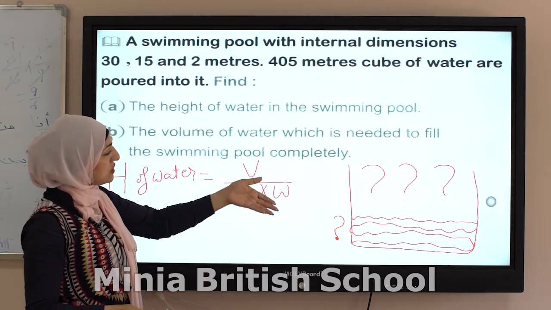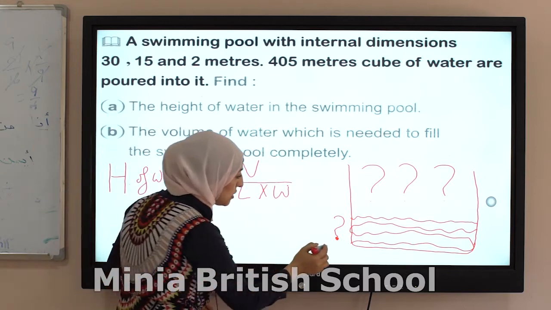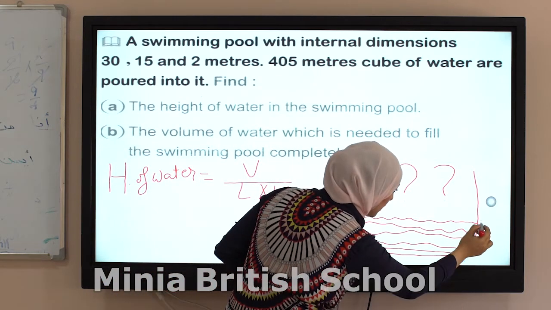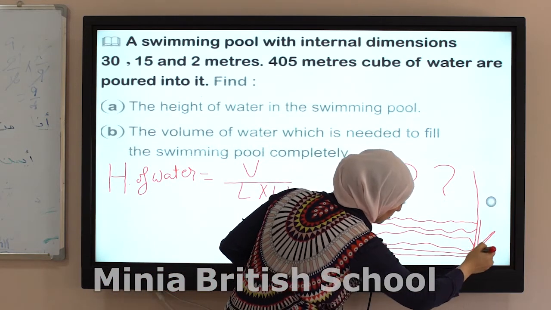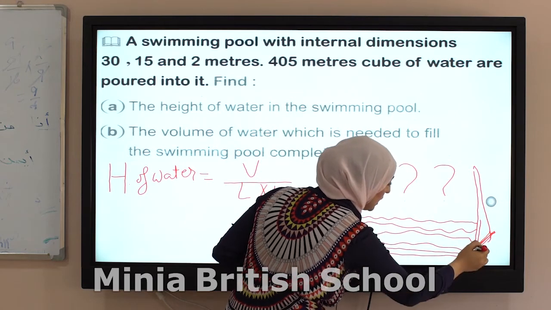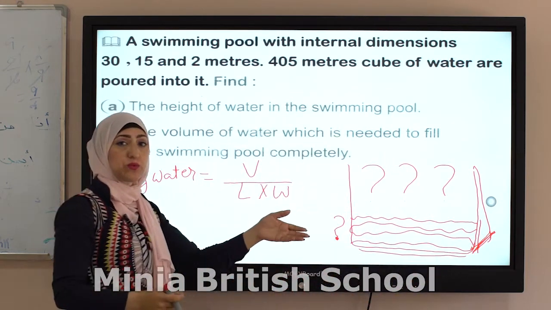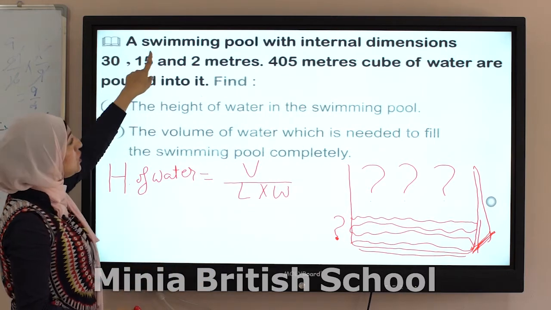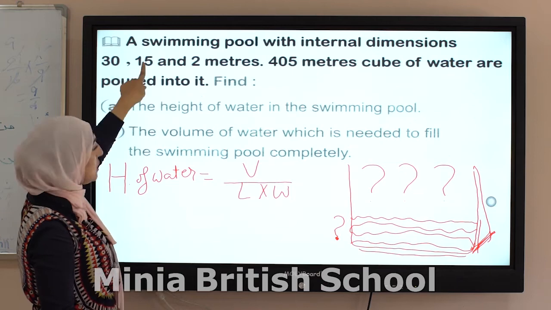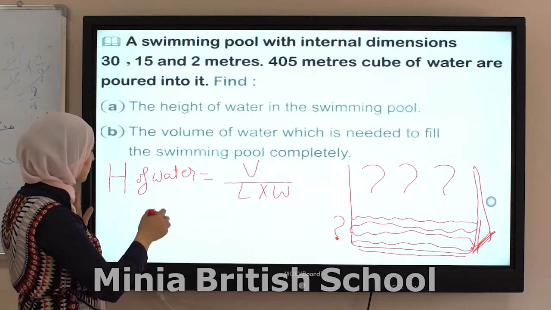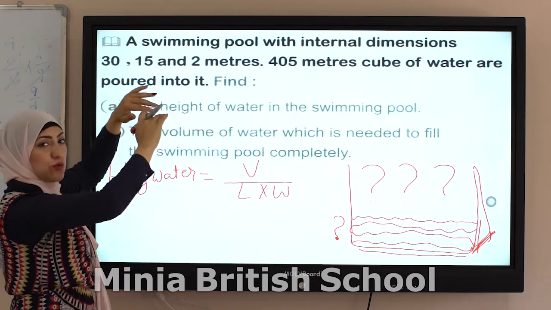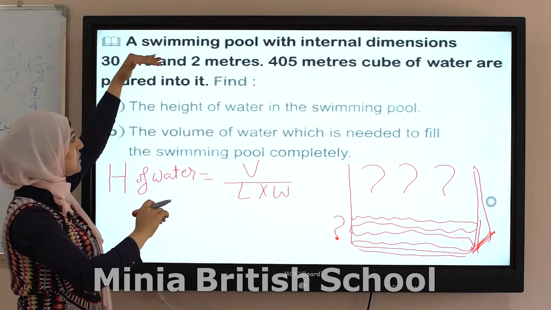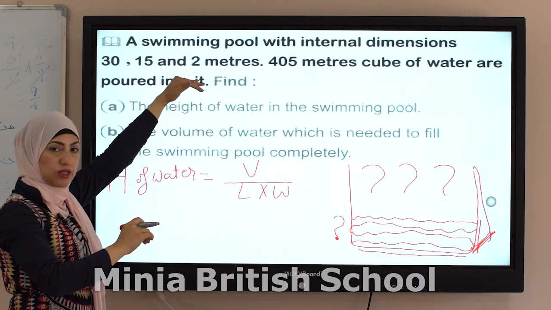How can I know the length and width? Here, the length and width are the same as the swimming pool. So I'll use the length and width here. They put them in order, by the way, length, width and height, okay?